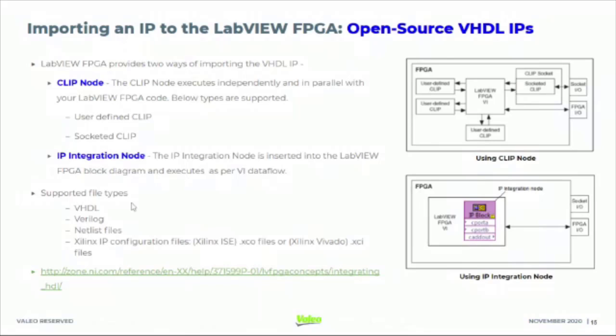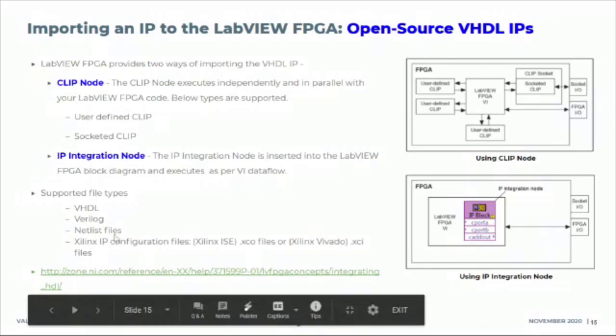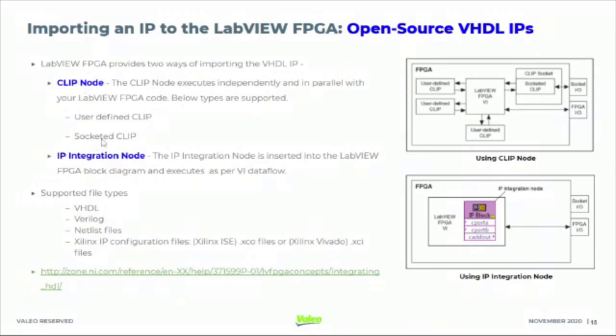The IP that you have open source outside should be either in VHDL format, or in Verilog format, or in netlist files, or the Xilinx IP configuration. Those can be used with these utilities, either CLIP or integration node, to import them into LabVIEW FPGA.